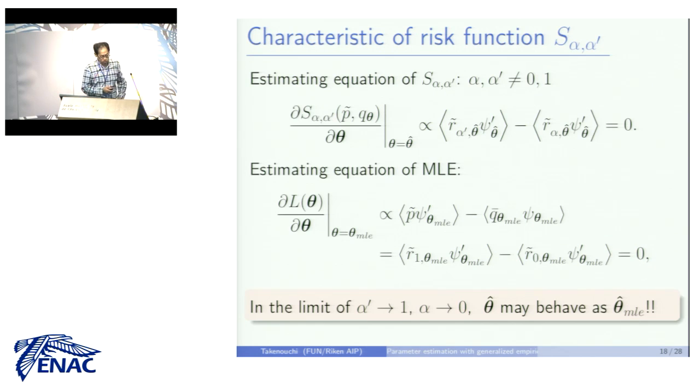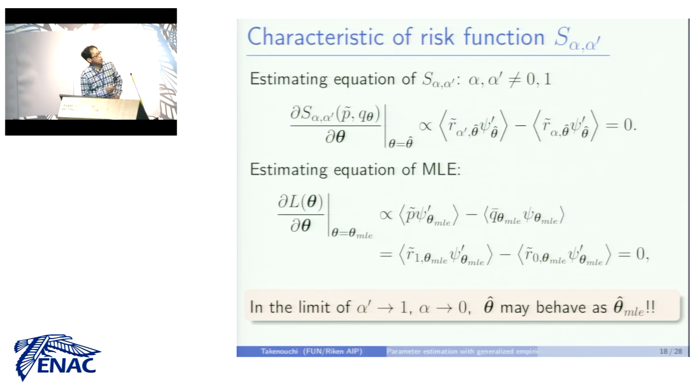And this is one characteristic of the risk function. This is the estimating function of this risk function. This estimating function is written like this. It is a difference between the expectations of the sufficient statistics with respect to the two kinds of empirical localization model.